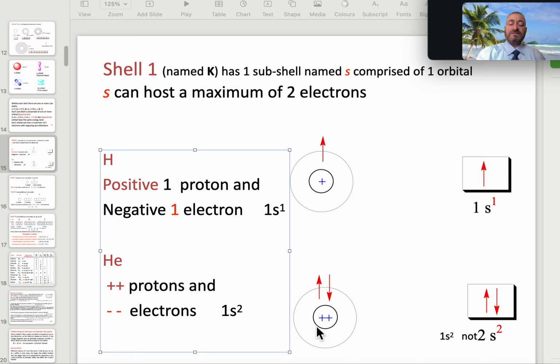So the nucleus is positively charged, and outside we have 2 electrons. The 2 electrons spin, they move. One of them is clockwise, as it is standing, and the other one is anti-clockwise, so they can occupy one orbital with less repulsion.